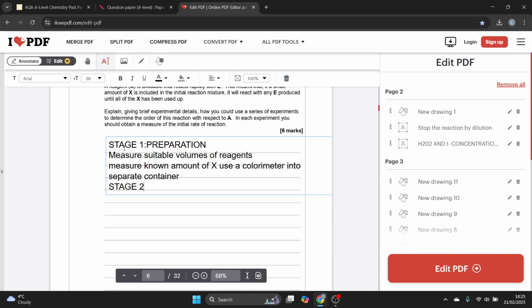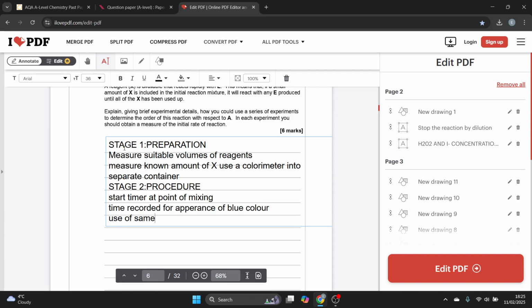Stage 2, procedure. Start the timer at the point of mixing. Record the time for the appearance of the blue color.